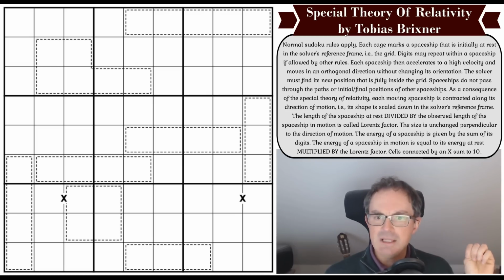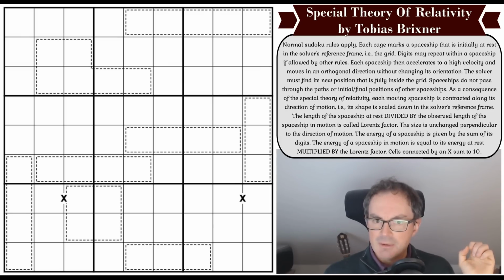Each cage marks a spaceship that is initially at rest in the solver's reference frame, i.e. the grid. Digits may repeat within a spaceship if allowed by other rules. That's already a bit unusual. Normally in cages you can't repeat digits, but apparently we can in spaceships.